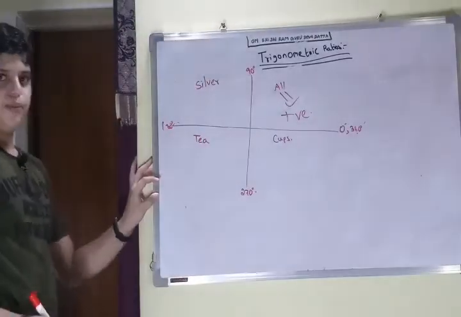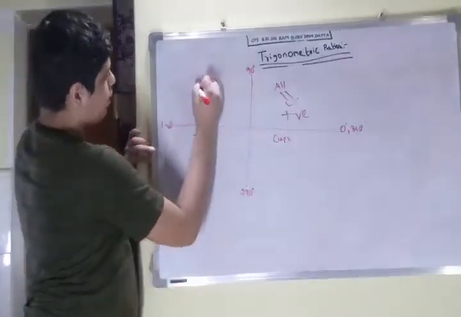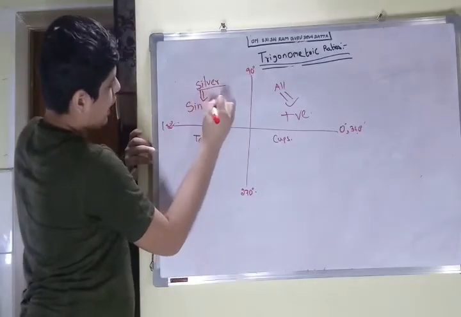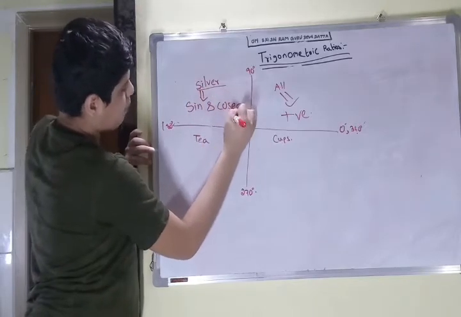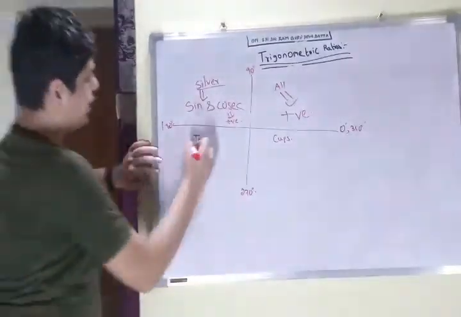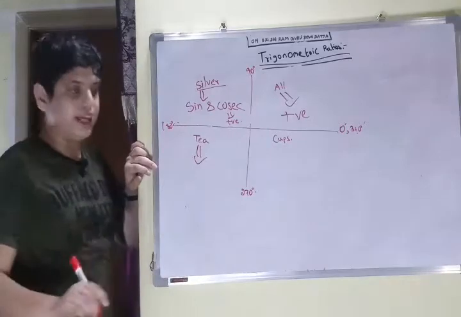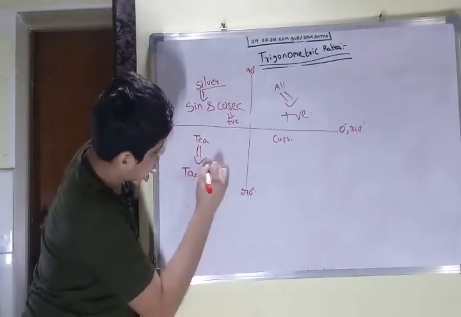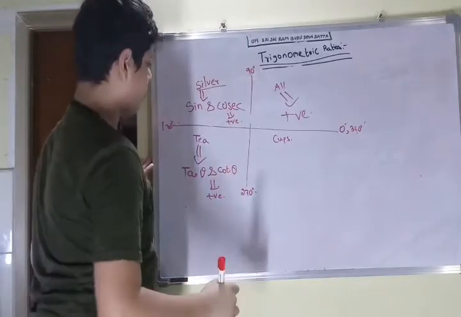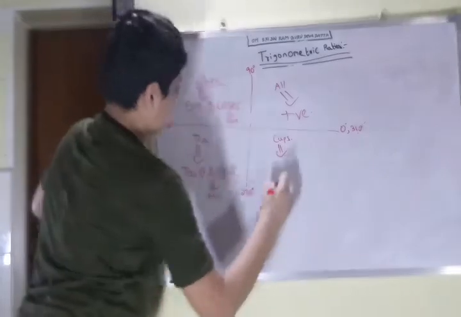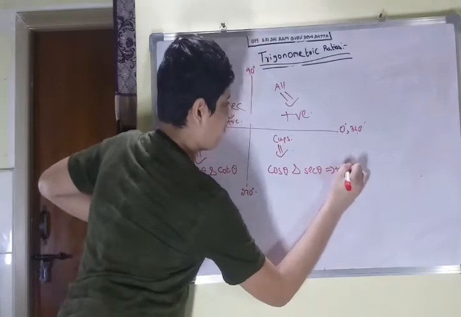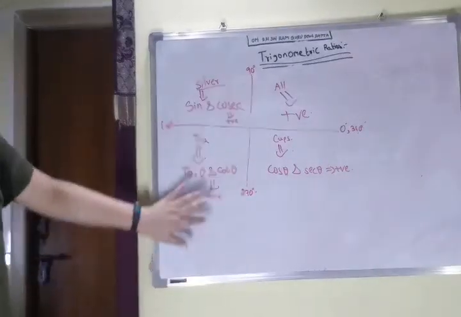Now you will understand why I am telling this. Here Silver means sin and its reciprocal cosecant are positive; remaining ratios are negative. Here T means tan: tan theta and cot theta are positive. C, Cups: cos theta and secant theta are positive. So please make a note of this.